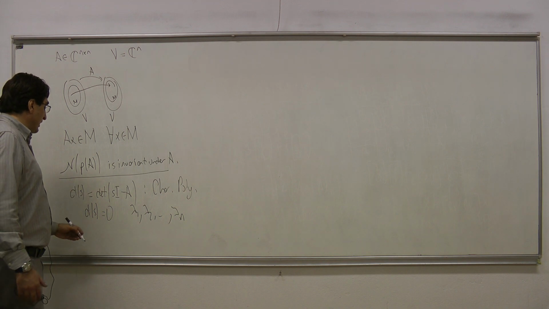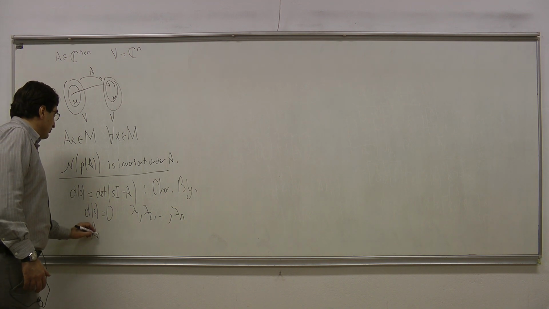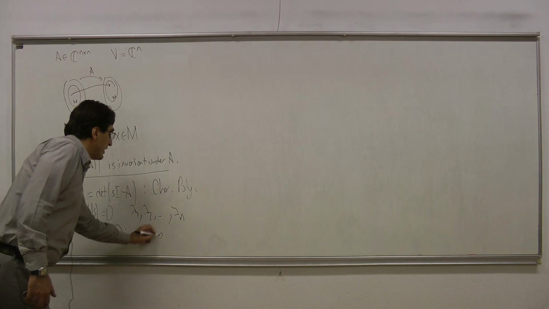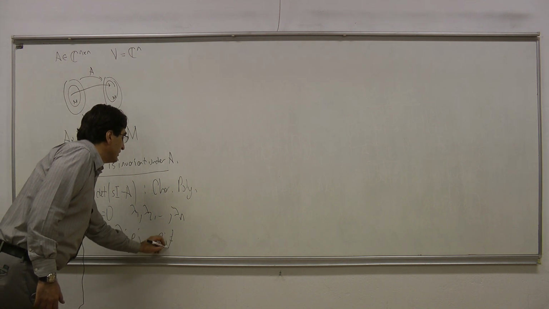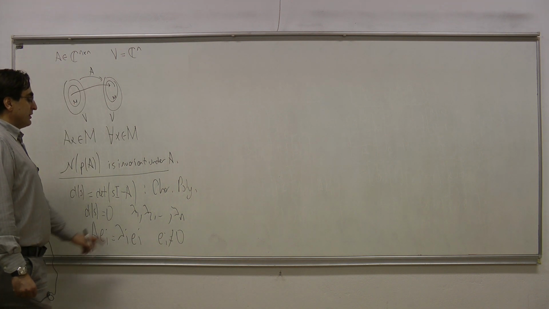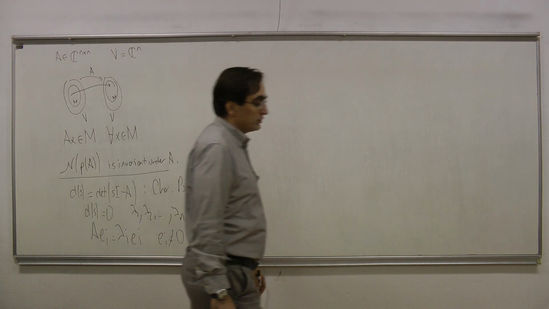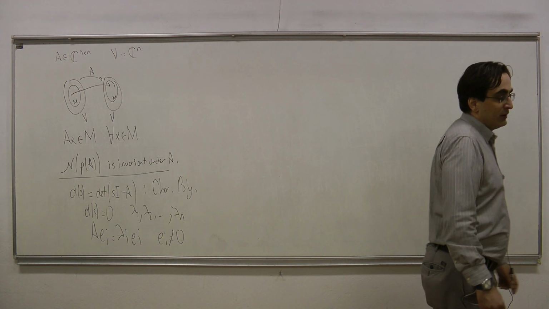And what about eigenvectors? If the equation A times e_i equals lambda_i times e_i is satisfied when e_i is not equal to 0, then e_i is an eigenvector of A corresponding to the eigenvalue lambda_i.